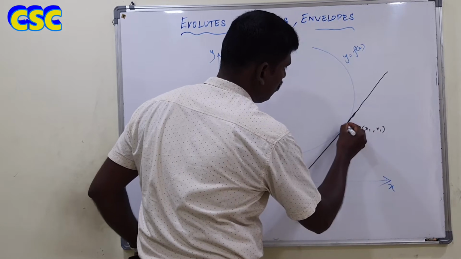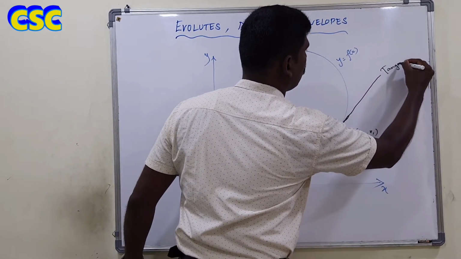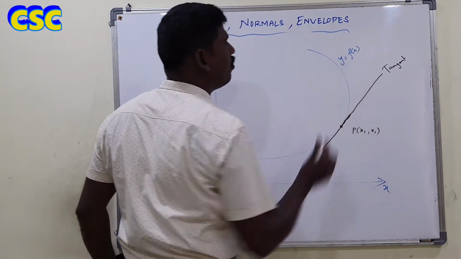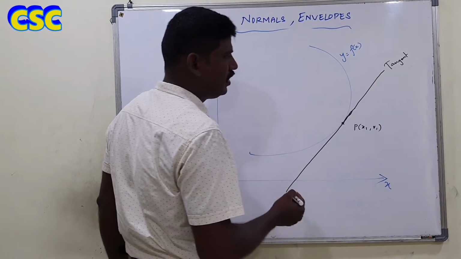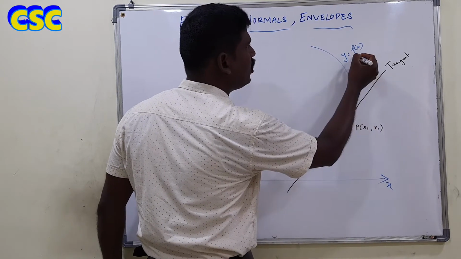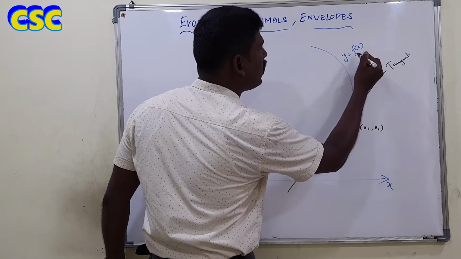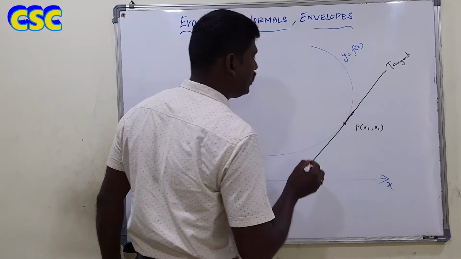This is the tangent at the point P, x1, y1 to the curve y equal to f of x. It's a straight line that passes through the point x1, y1. This straight line touches the curve at exactly one point. That's why we call it a tangent.